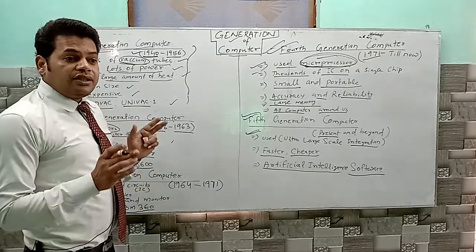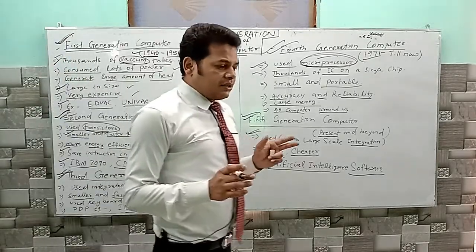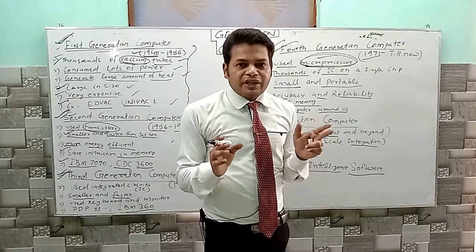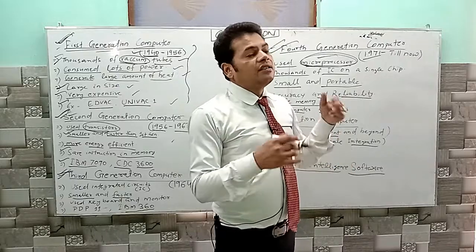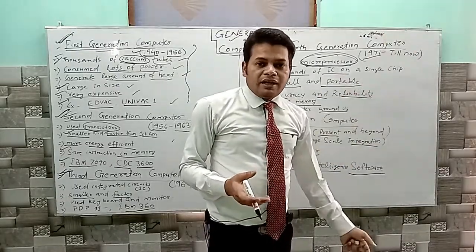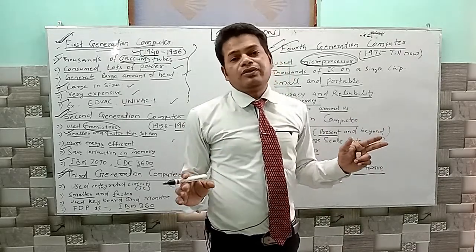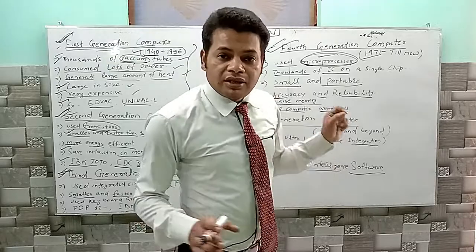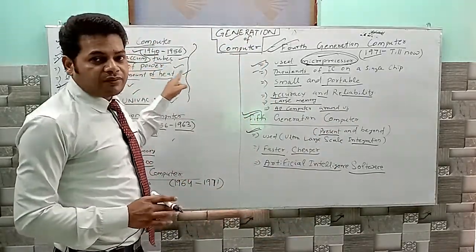I hope that 36 vacuum tubes were used in a particular room, and another 36 vacuum tubes were used in another room. Just like that, thousands and thousands of vacuum tubes were used to make a computer. That is the first generation of computer.